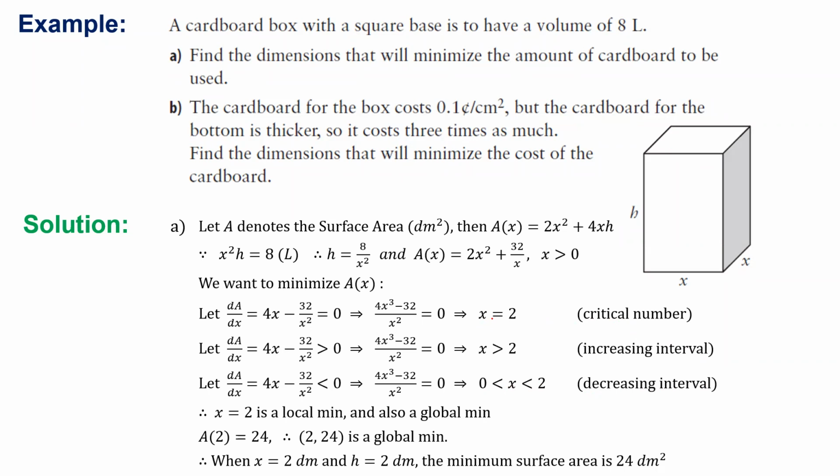Therefore, before and after x equals 2, the function goes from decreasing to increasing. Therefore, x equals 2 is the local minimum.